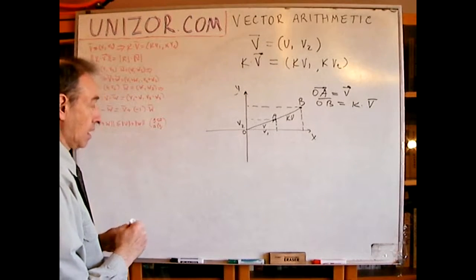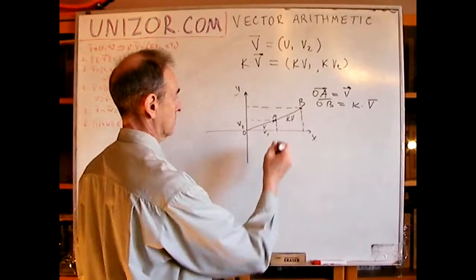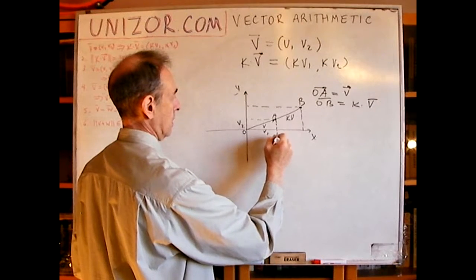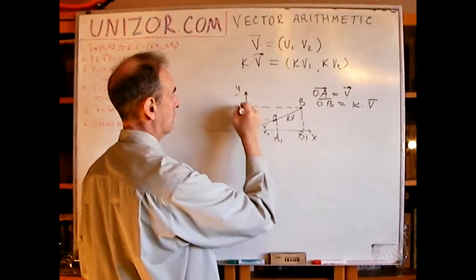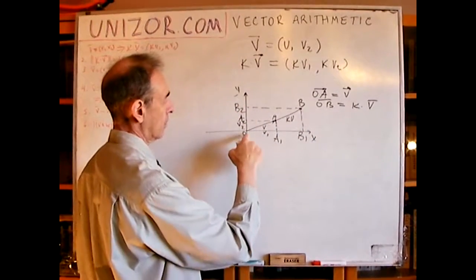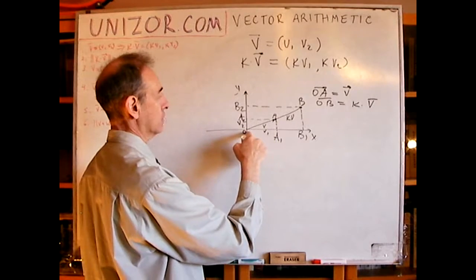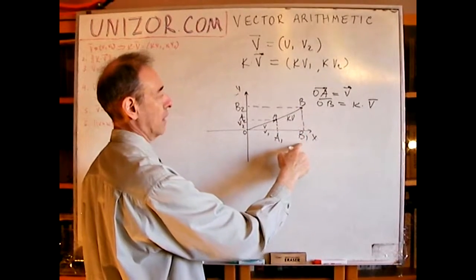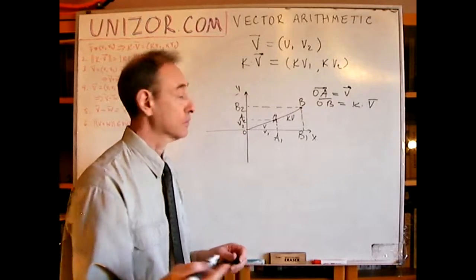Now, it's quite obvious that triangles OAA1 and OBB1 are similar, right?